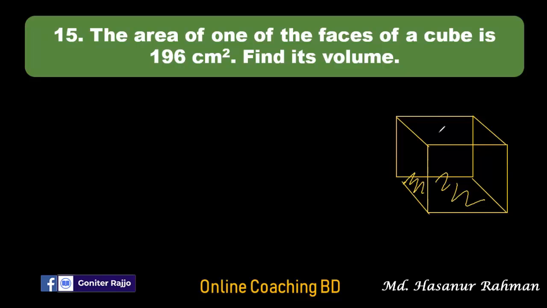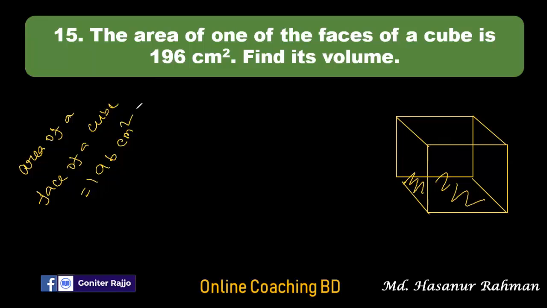Now we have to find out the volume of this cube. Here the area of one face of a cube is 196 centimeters square. So what will be the volume?